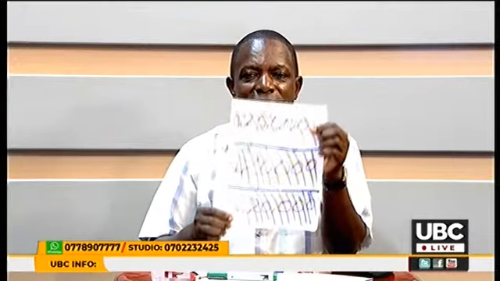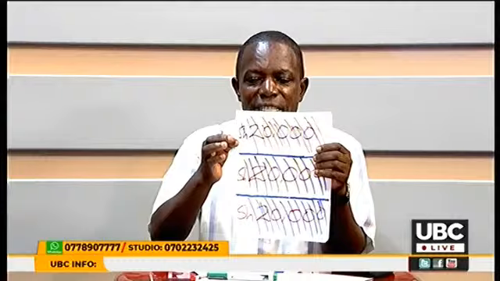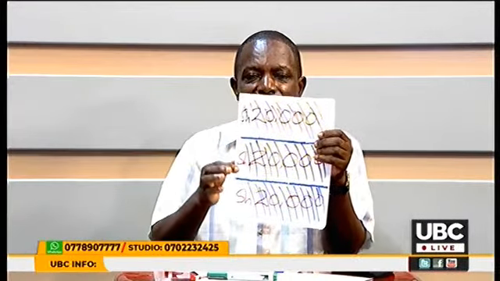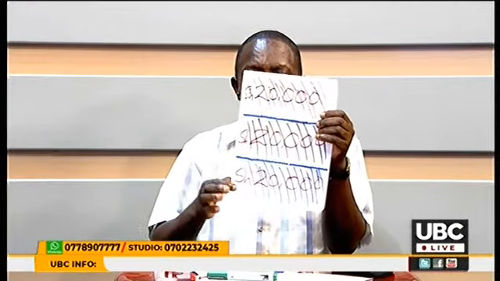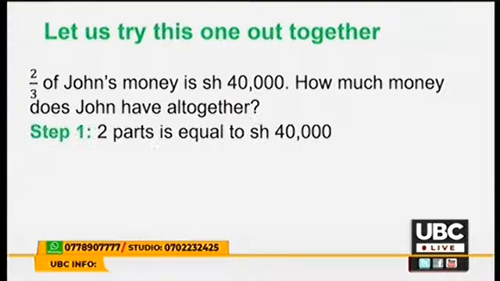And what does that mean? It means that John's money now is 20,000 plus 20,000 plus 20,000, which is 60,000 shillings. Let us see how we can write this demonstration that I've made. So it is 2 parts, which is equal to 40,000 shillings, as we have seen.